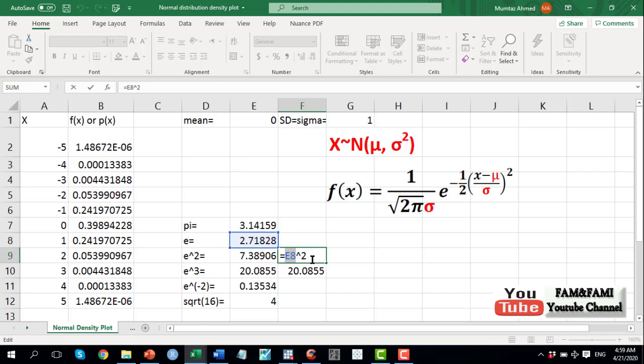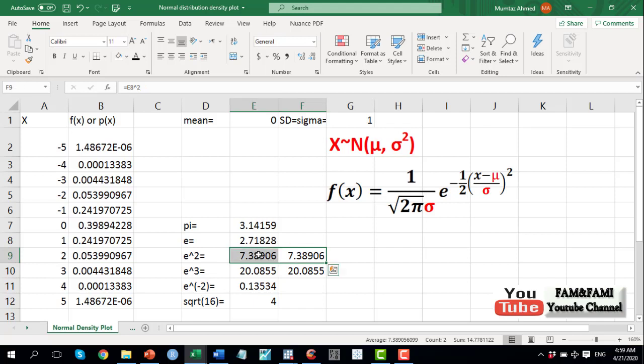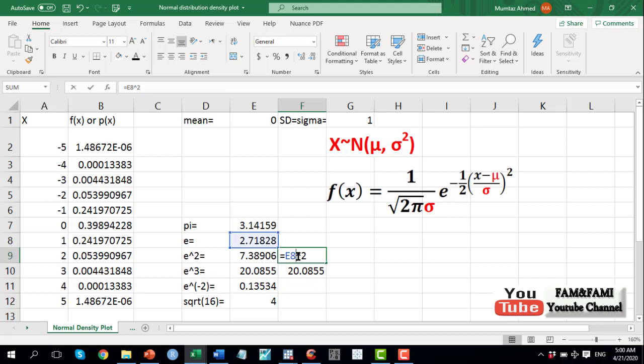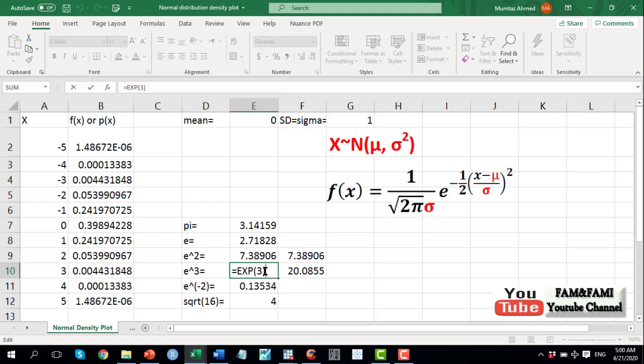So 2.71 raised to power 2 is the same as this e square. So you can see that, just to cross check, you can use either this formula exp and within parenthesis 2, or you can simply calculate first e and then take its power 2. Then similarly e cube is exp of 3, or we can verify it by taking the third power of this expression.